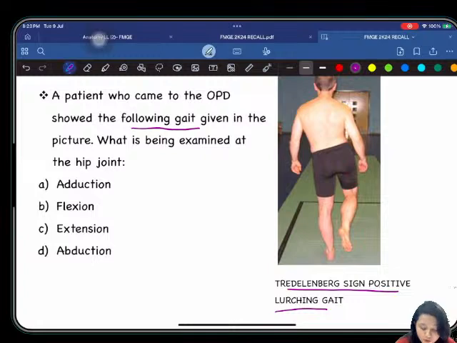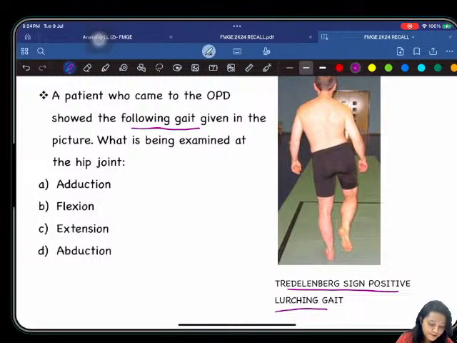So what is being observed at the hip joint? Has anybody attempted this question? Please reply in the chat. What could be the answer?